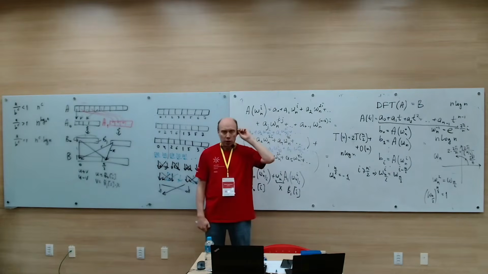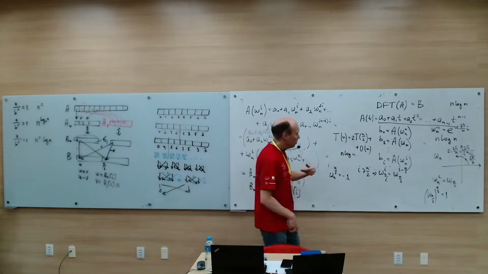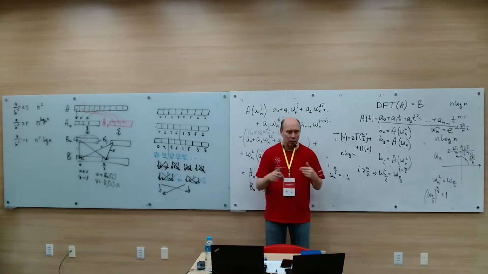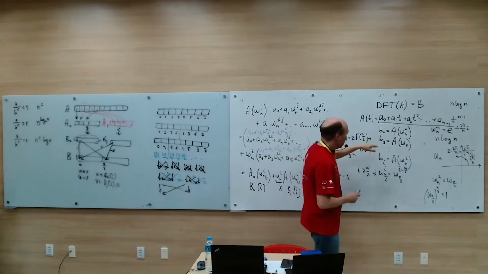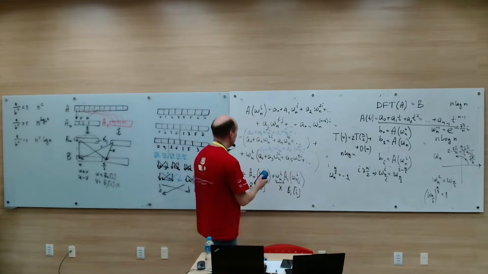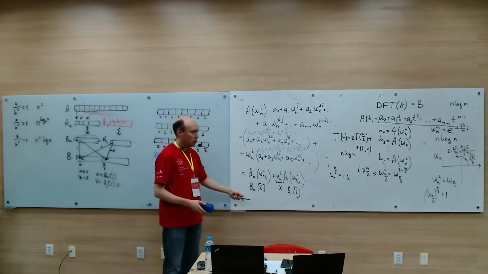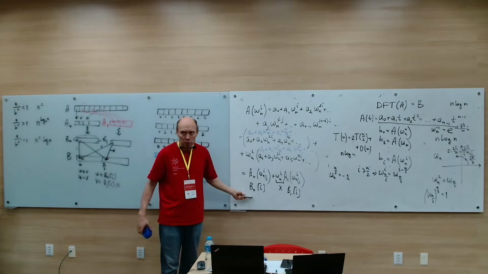The discrete Fourier transformation is actually a linear transformation. You can see it's actually multiplication by a matrix. I think that this is clear for everybody. No more questions on this formula?